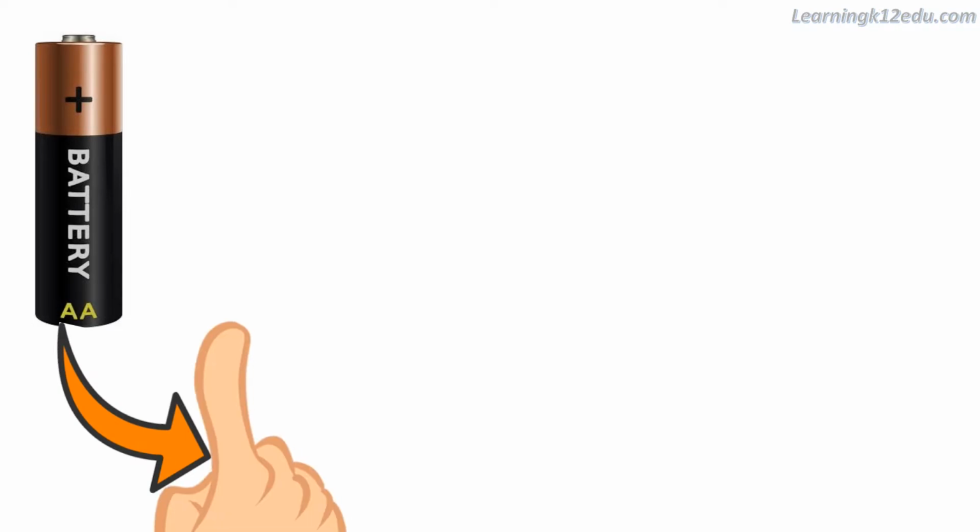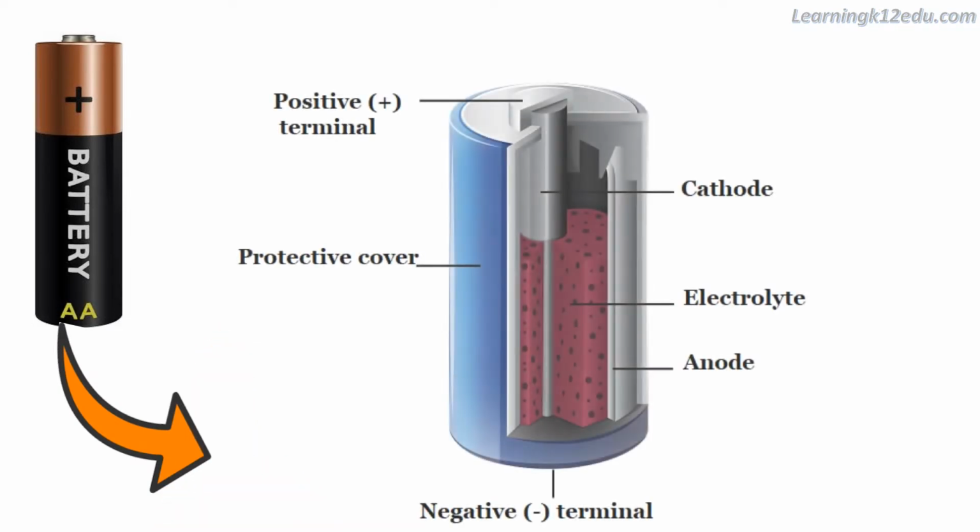There are three main parts of a battery: the cathode, the positive side of the battery, the anode, the negative side of the battery, and an electrolyte.